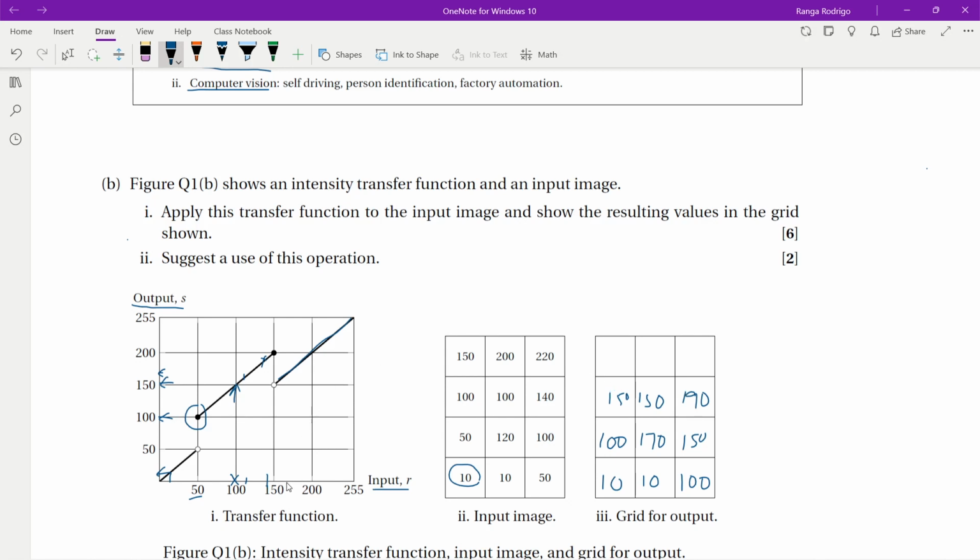Then if you take 150, you can see the value is 200. For 200, the value turns out to be 200 itself. And then for 220, the value turns out to be 220.